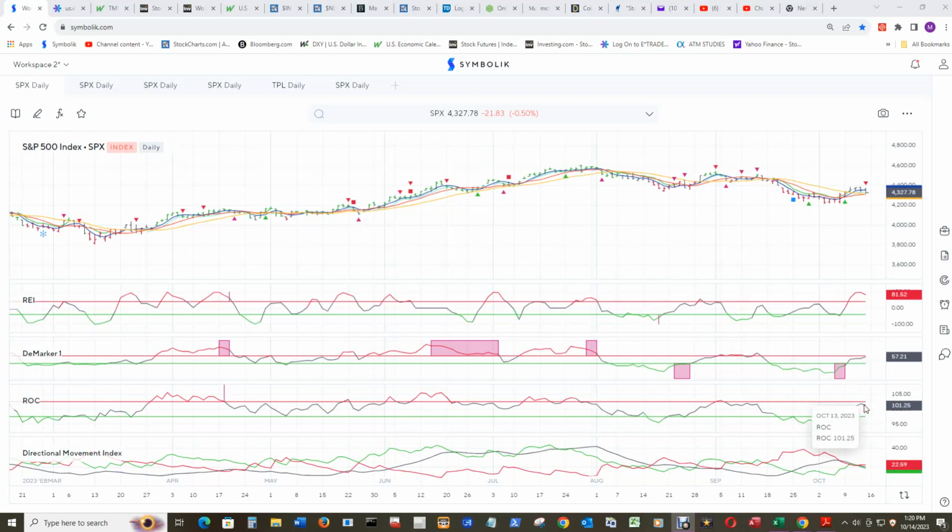The only thing I'm concerned about now is the rock has rolled over and the DMI plus has gone under the DMI minus, so that's not good.